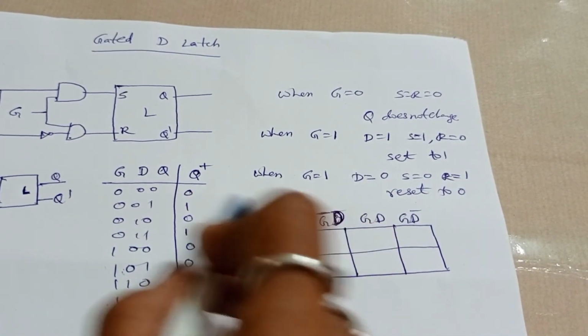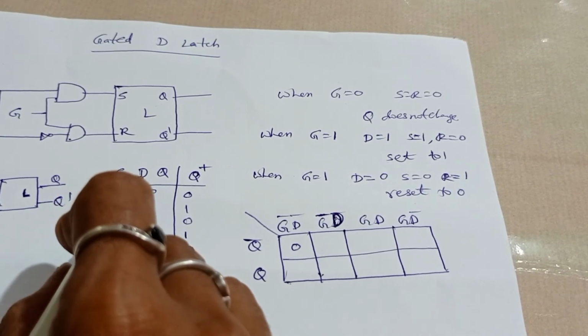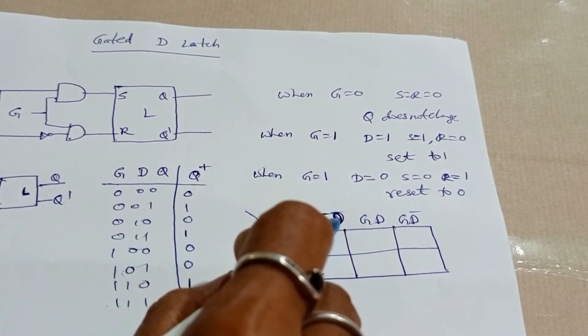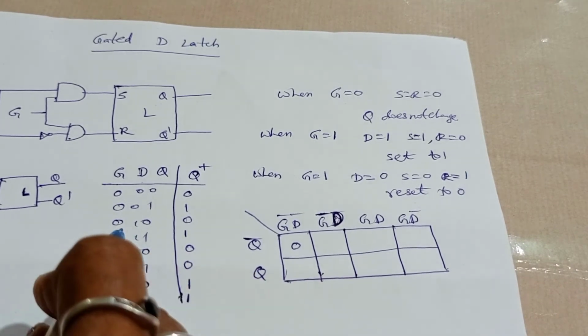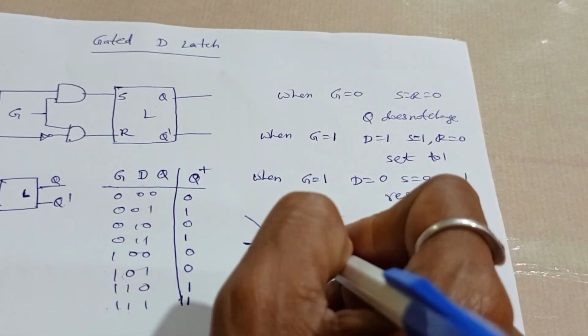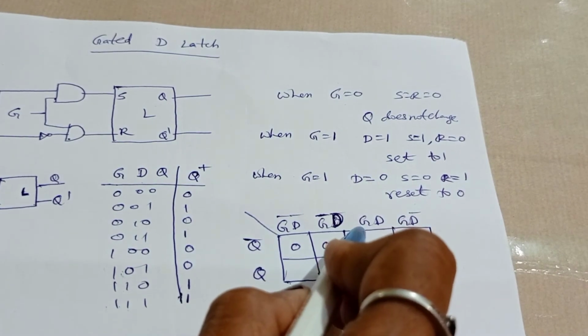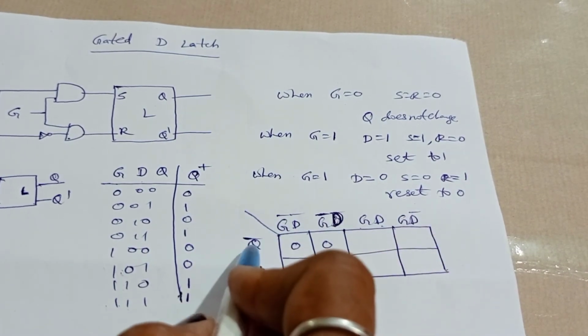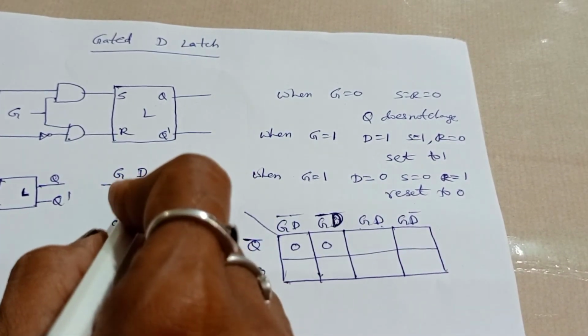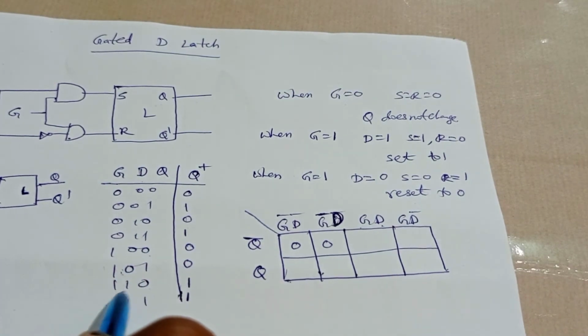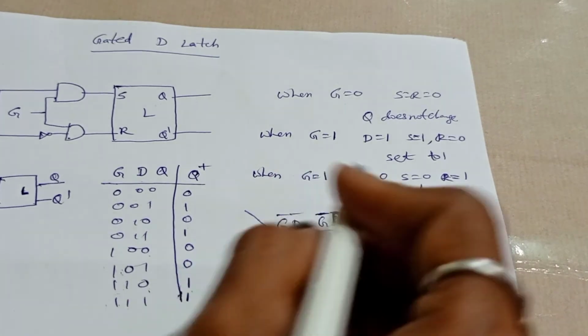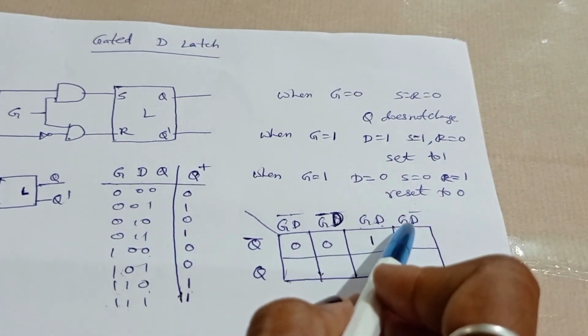Next 0 1, that is here 0 1 0 is 0. Next G D 1 1 and Q bar is 0, that means 0, and both ones here, so place 1.